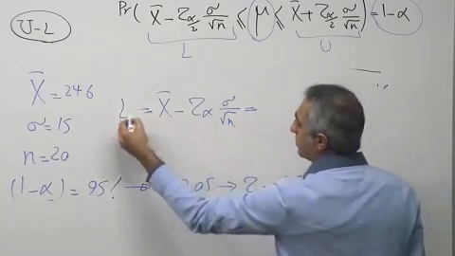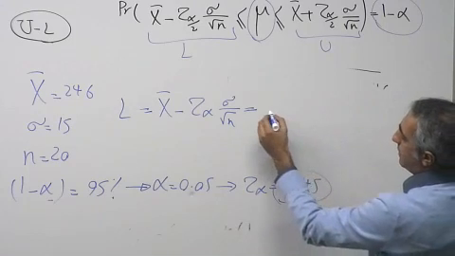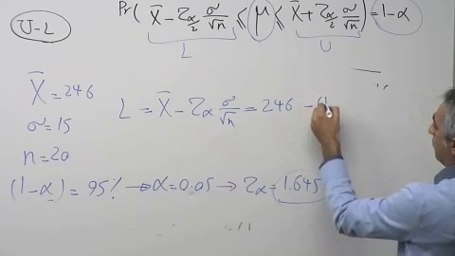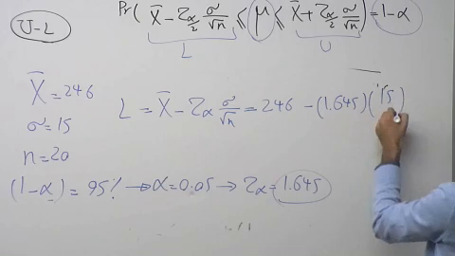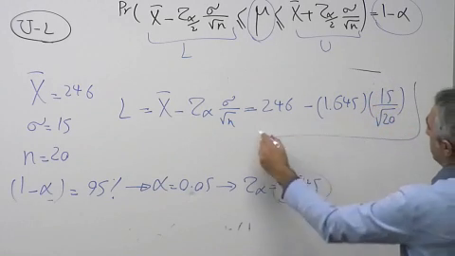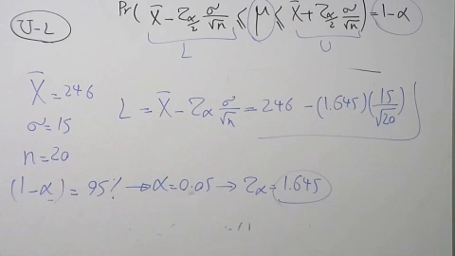This is the lower bound: x bar, which is 246, minus 1.645 times sigma 15 divided by the square root of n. That's it. That gives you the lower bound. Any questions? Is it clear?